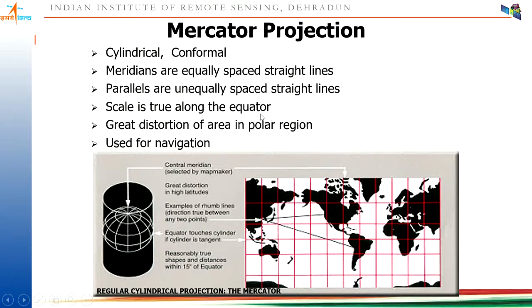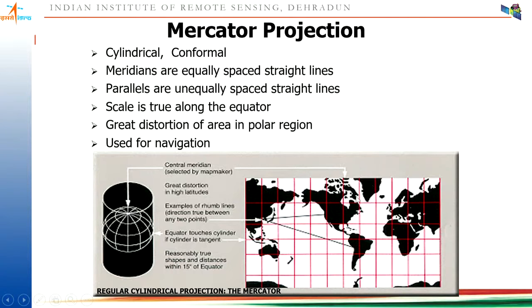And then scale is true along the equator. There will not be any distortion along the equator, but there is great distortion of area in the polar region. When we move away from the equator towards the pole region, the distortion will increase. If you see this area, can you recognize it?